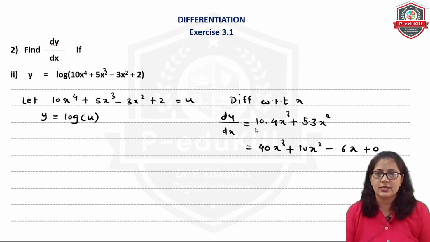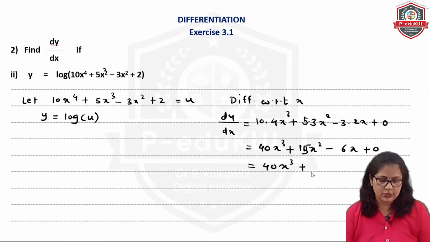So this will be 10 as it is into 4x cube, 5 as it is 3x square, 3 as it is 2x and then 0. So this will be 40x cube. Here it will be 15x square minus 6x plus 0. So the final answer will be 40x cube plus 15x square minus 6x.